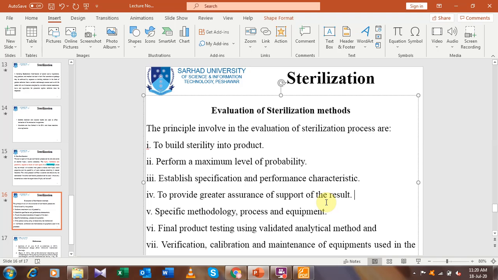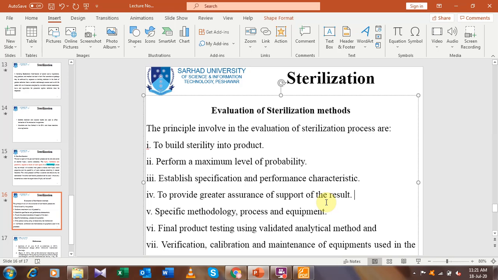A suitable validated, efficient method should be used for testing the final product which we have processed for sterilization. If the testing method is not validated, then we are really not confident about it. That's why final product testing should be done using a validated analytical method.